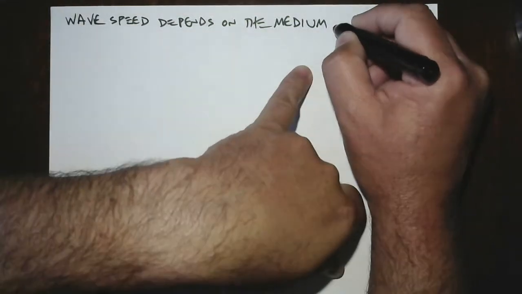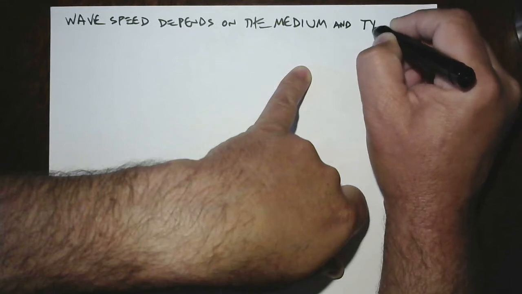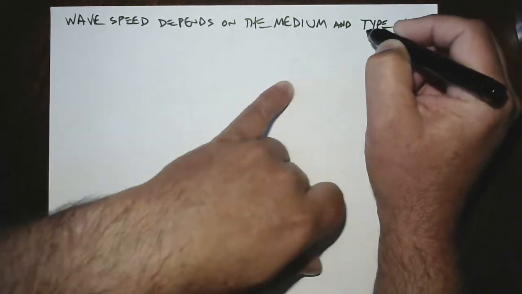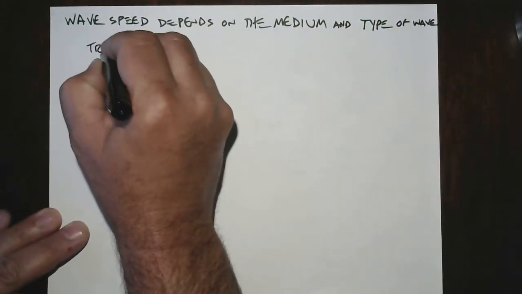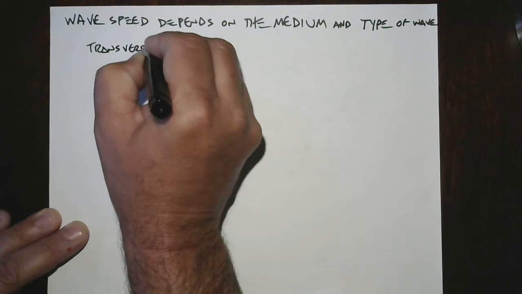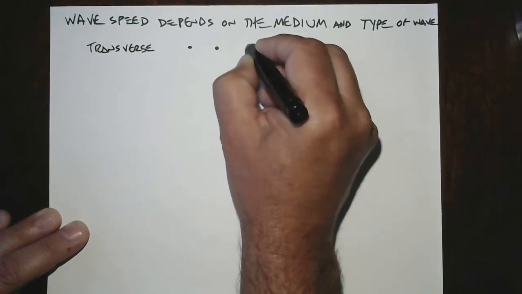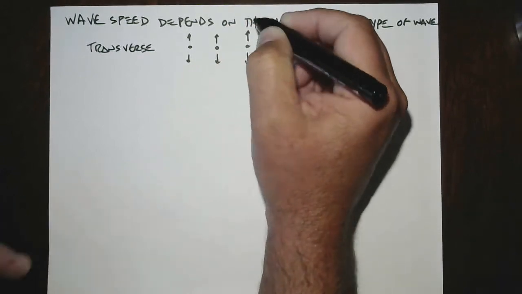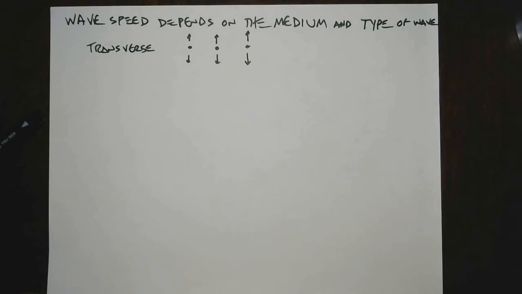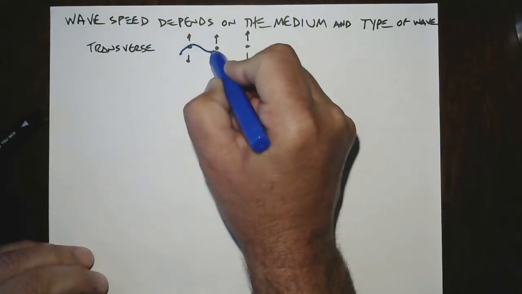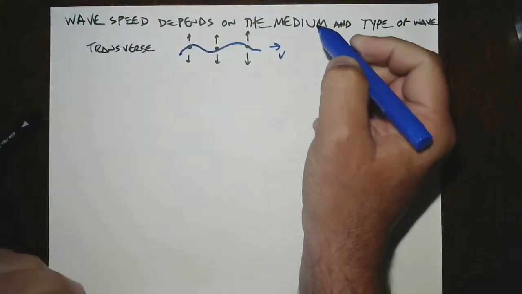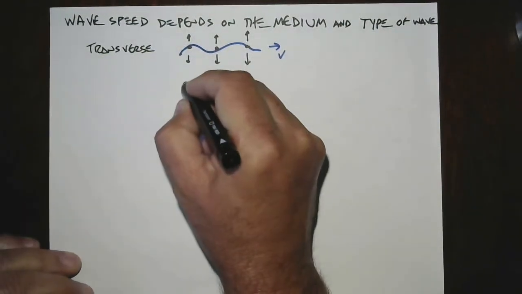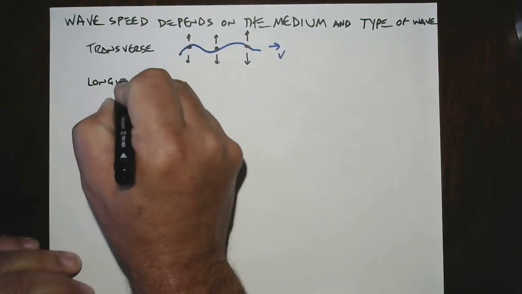But there's another thing that affects it, and that's the type of wave. That is to say that transverse waves, that is where the medium moves up and down, but the disturbance, the wave itself, moves that way, may travel at a different speed than the same medium enjoying a longitudinal wave.